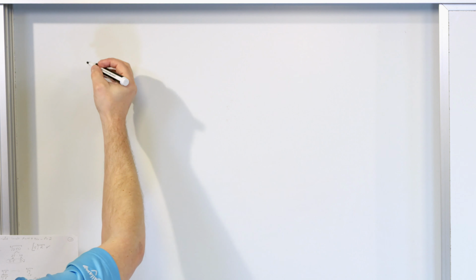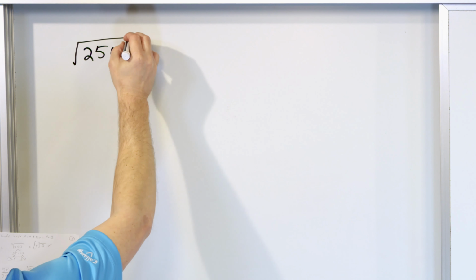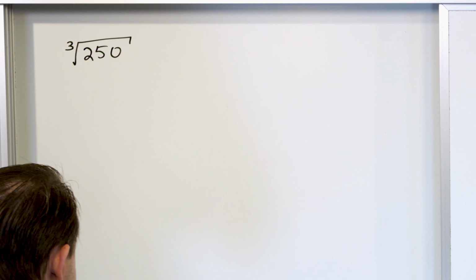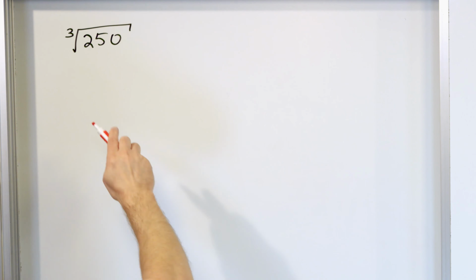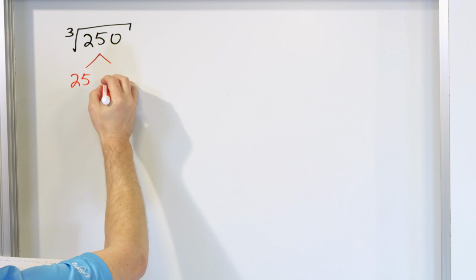What if we have a pretty easy problem? Let's say that we have 250, and we're not going to take the square root of it, we're going to take the cube root of it. That's what that means. And so what we need to do when we solve a problem like that is try to do a factor tree, right? Now we know 250 can be written as 25 times 10.